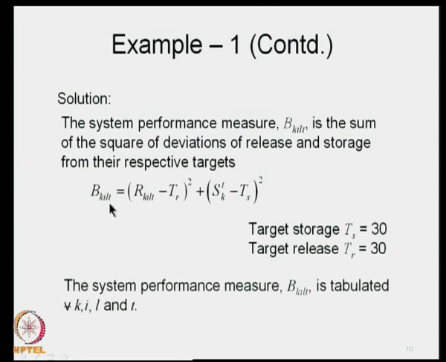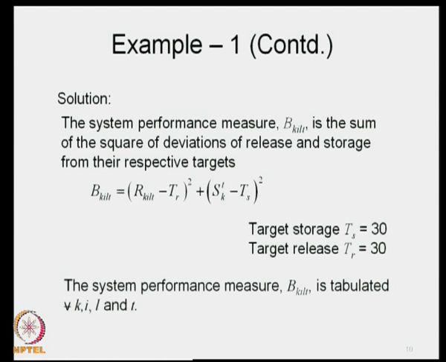This is the system performance measure, sum of the squared deviations of the release from its target and the storage from its target. So, TS is the storage target which is 30 units, TR is the release target which is 30 units. For a given combination of k, I and L in time period t, I must be able to enumerate this, and this will enumerate across all the time periods.